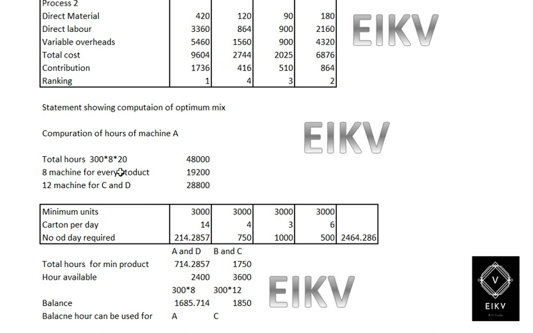So for 8 machines, we have 19,200 hours, which means 300 into 8 hours into 8 machines. Likewise, for 12 machines, it is 300 multiplied by 8 hours into 12 machines, which gives a total of 28,800 hours.